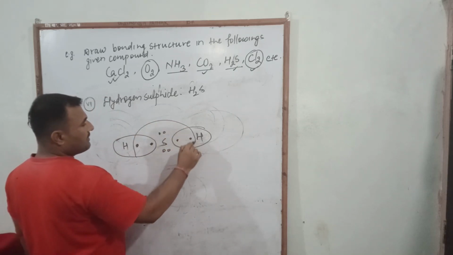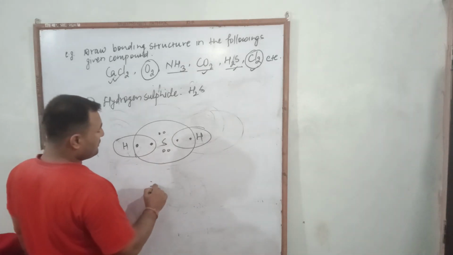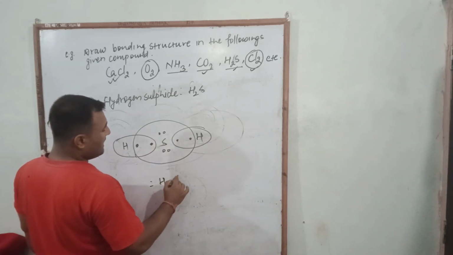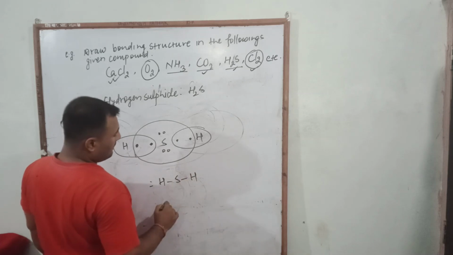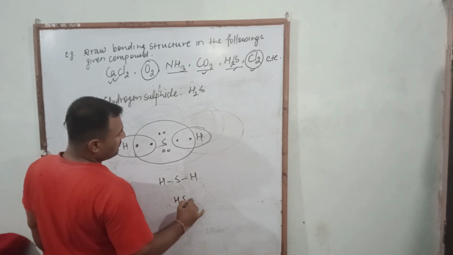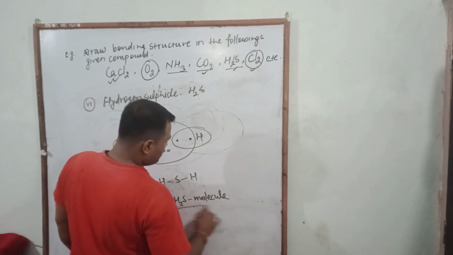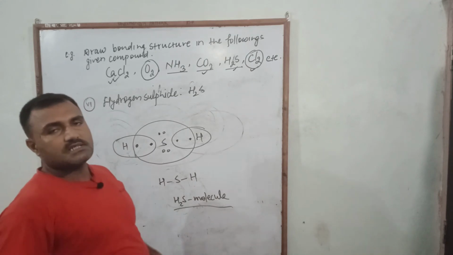Sulfur shares 1 electron with each hydrogen to complete its octet, and in this way the H2S molecule exists. It is a covalent bonding structure.